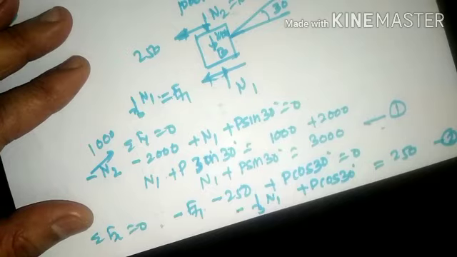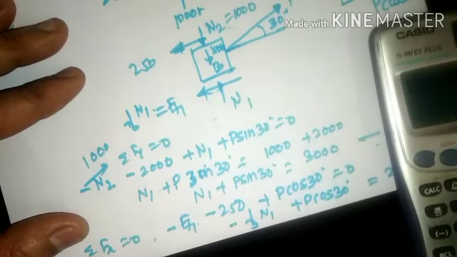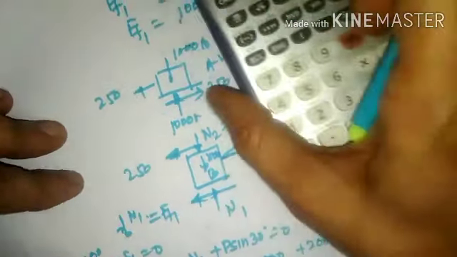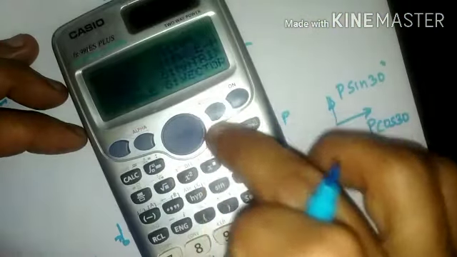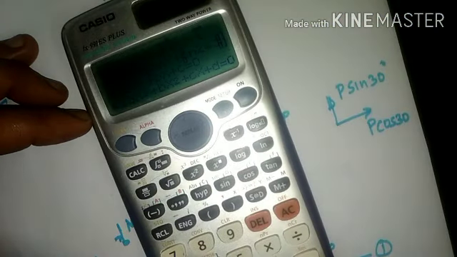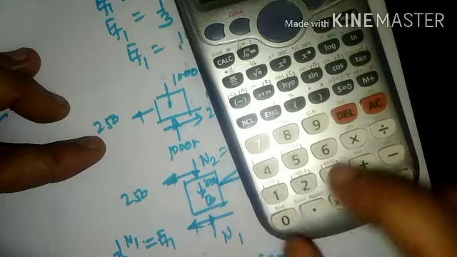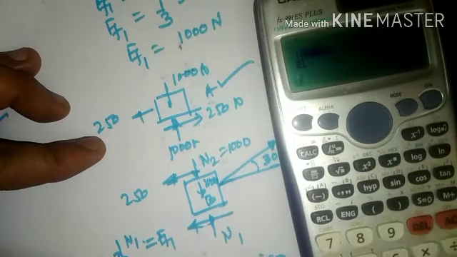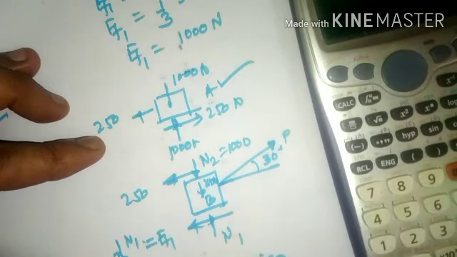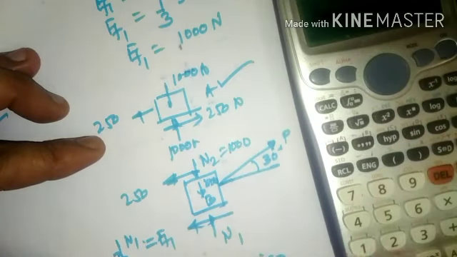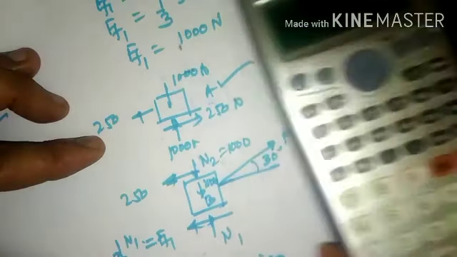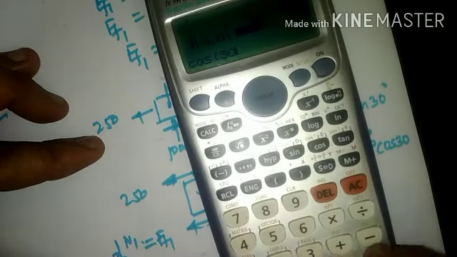If you substitute this in the calculator: go to mode, equation, 5, two unknowns. The first coefficient is 1. Then the next one is sin 30. The next one is 3000. Next it is minus 1 divided by 3, minus 1 divided by 3. Next is cos 30. Then 250.